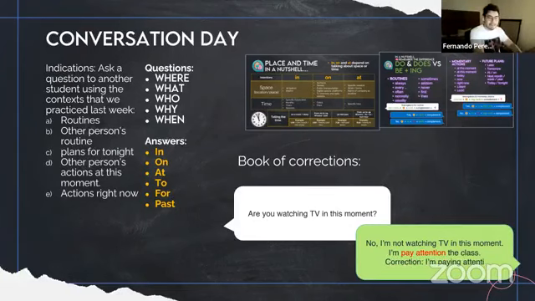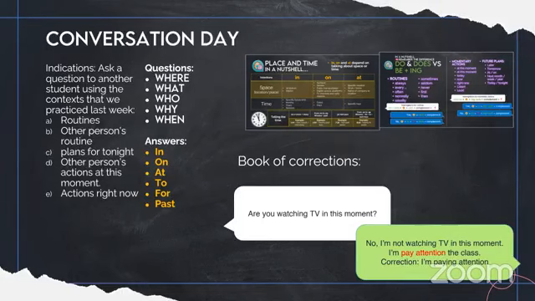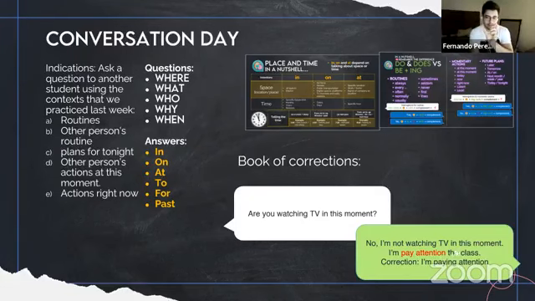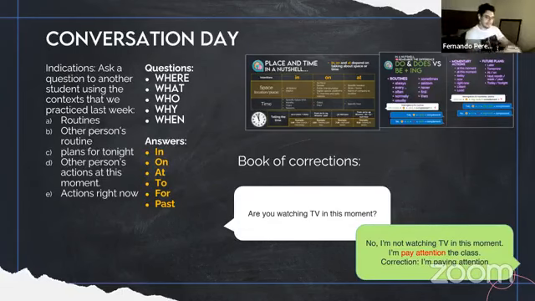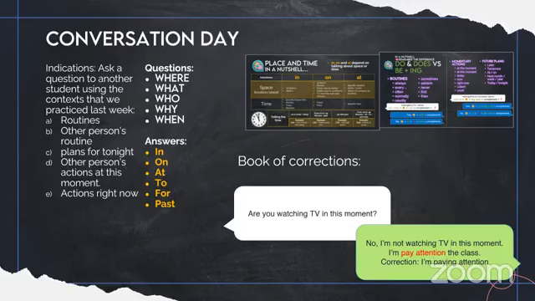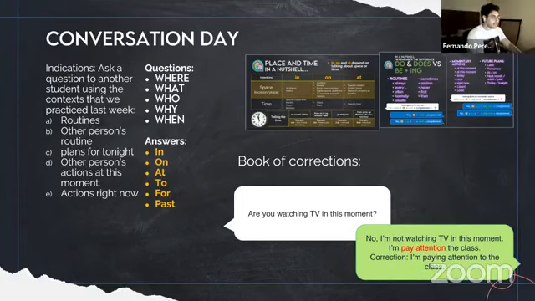Every time you say paying attention, collocate connector to. To a specific class, incomplete. To the class. Yes, exactly. Complete. I'm paying attention to the class. Fantastic. You're paying attention to the class.